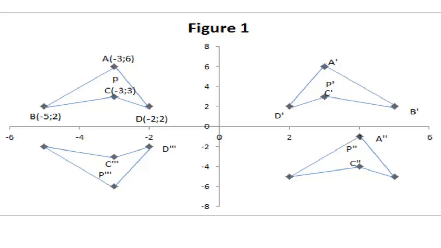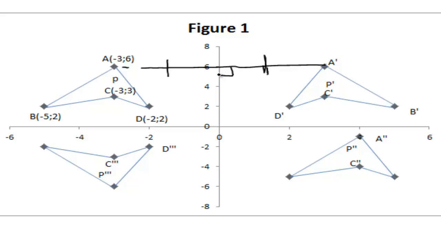One of the central questions is: what are the coordinates of P prime? It's very simply the case that the y-axis will act as the axis of symmetry, and it is a perpendicular bisector. So A prime is the image.